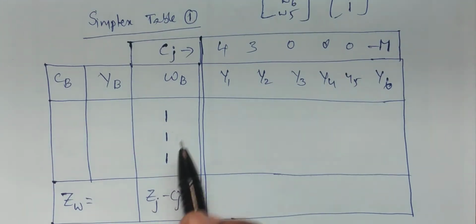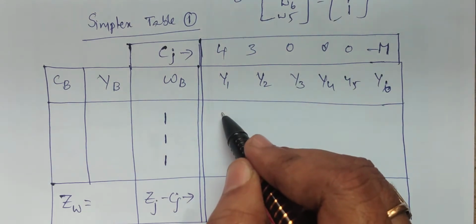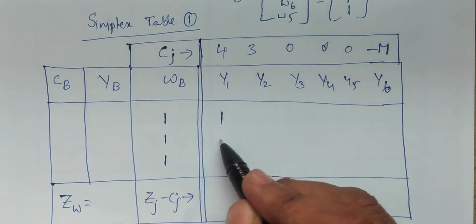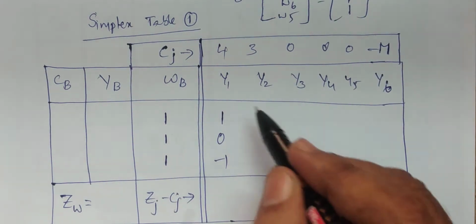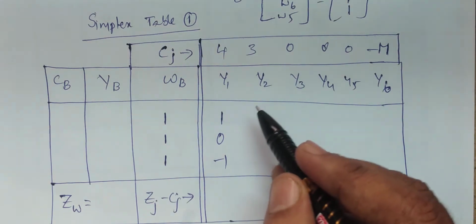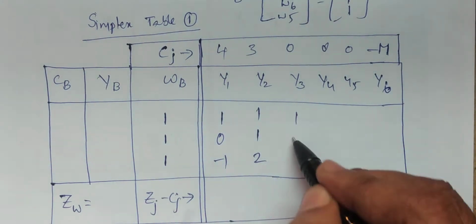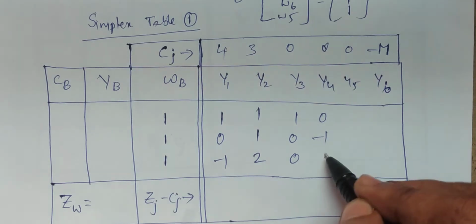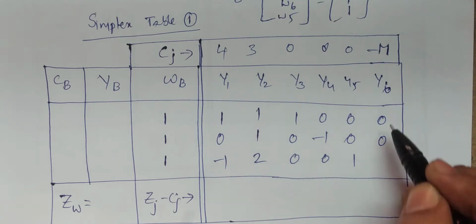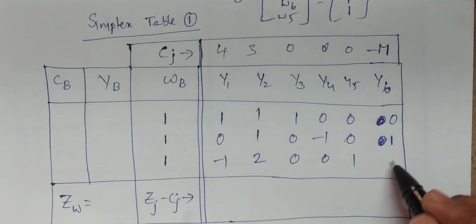This is omega B, and for all the y's I write the coefficient vectors first. The first one is 1, 0, minus 1. The second one is 1, 1, 2, and then 1, 0, 0, obviously. The next one is 0, minus 1, 0, and this is 0, 0, 1. Y6 is 0, 1, 0.